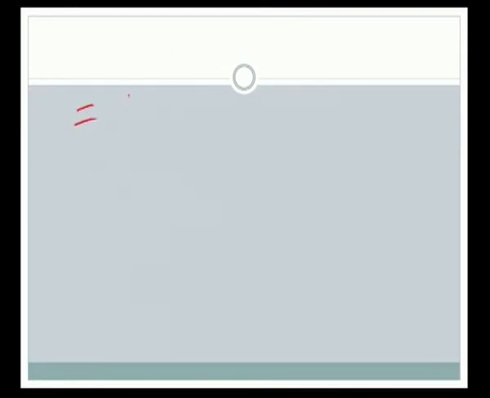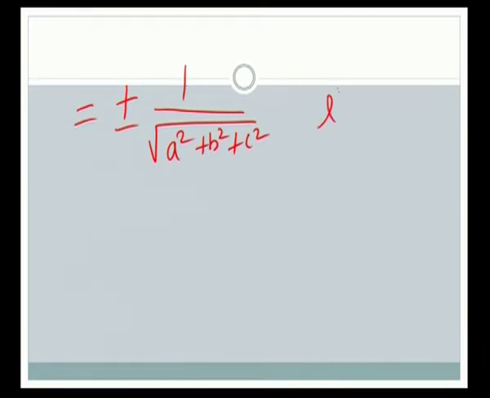which is equal to plus or minus 1 by square root of a square plus b square plus c square. Here this 1 came because the sum of squares of the directional cosines, l square plus m square plus n square, is equal to 1.